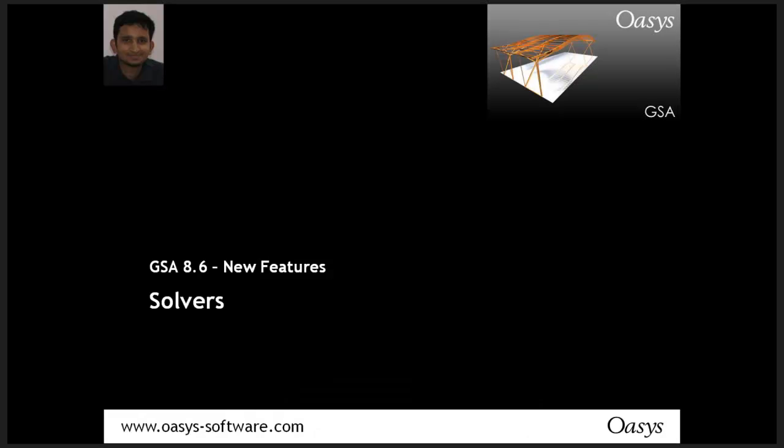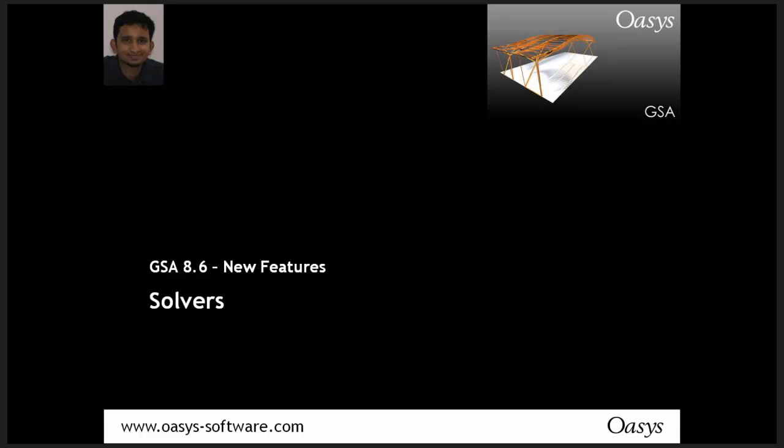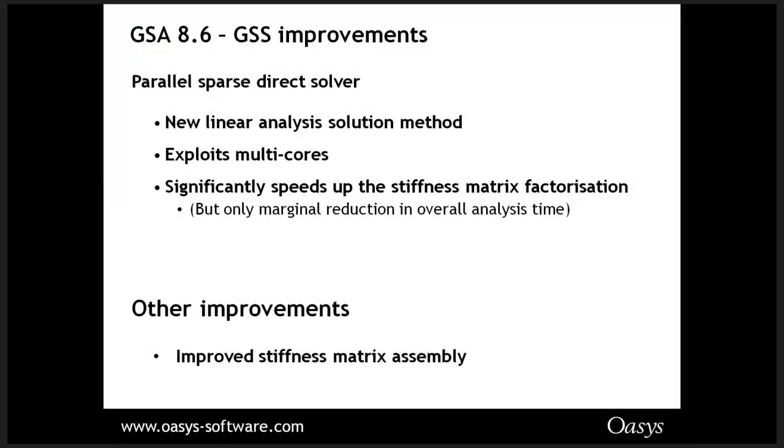Thank you, Tom. Right, so I'll quickly run through the improvements to the solvers. All of the improvements are in the area of the GSS solver, which is the solver for linear analysis. We've got a new sparse direct solver that makes use of multiple cores on your machine.